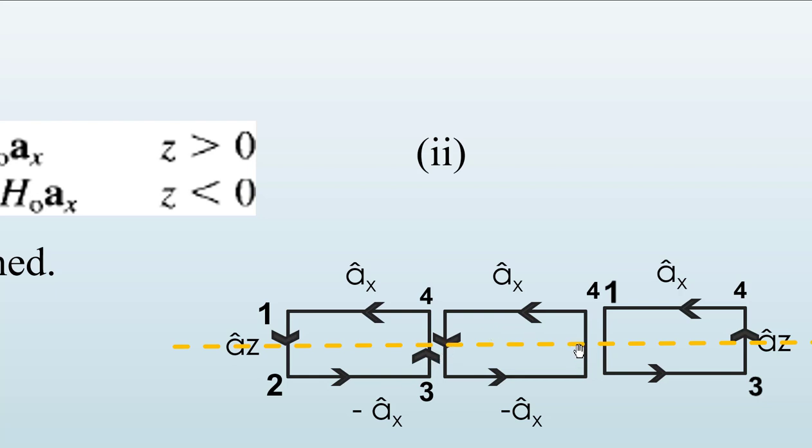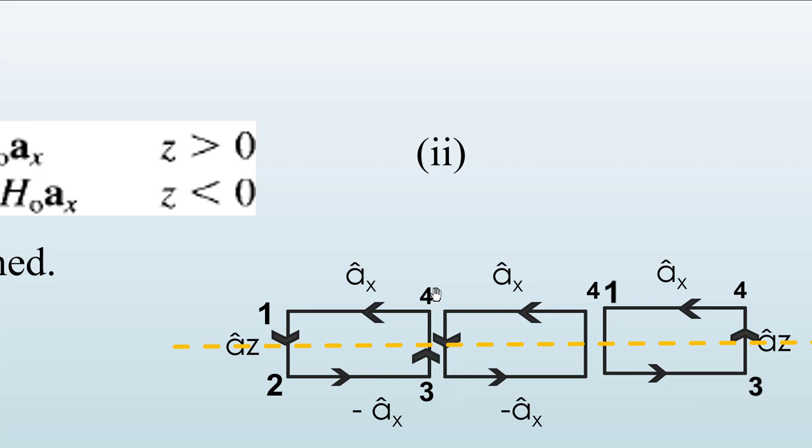Here also the same case will be there, and so on. So all the Az components are cancelling each other, and only the Ax components can be added. Above the xy plane they can be added, and below the xy plane all the components are negative.